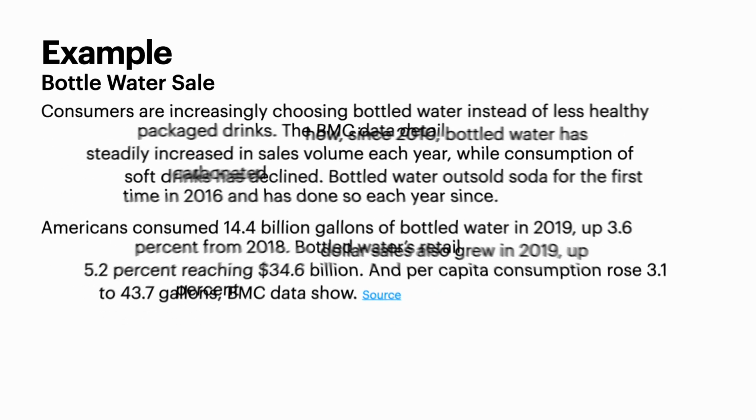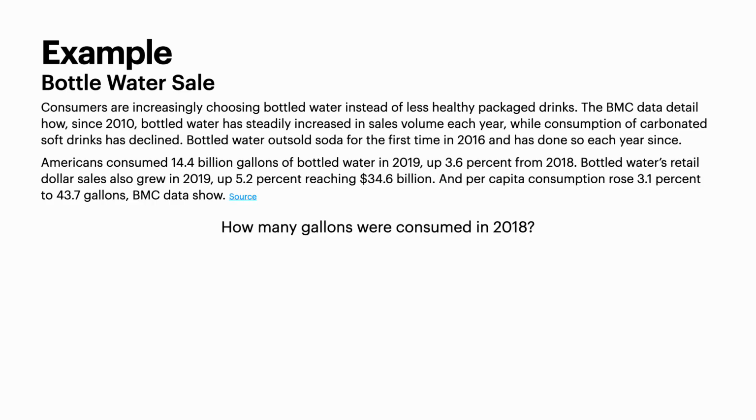Now, what I want to do now, how many gallons were consumed in 2018? From the information given, we can calculate this using our percent increase. Okay, so pause this video, try to find how many gallons were consumed in 2018. You can do so from the information given. Okay, so let's see. We plug it in our equation.